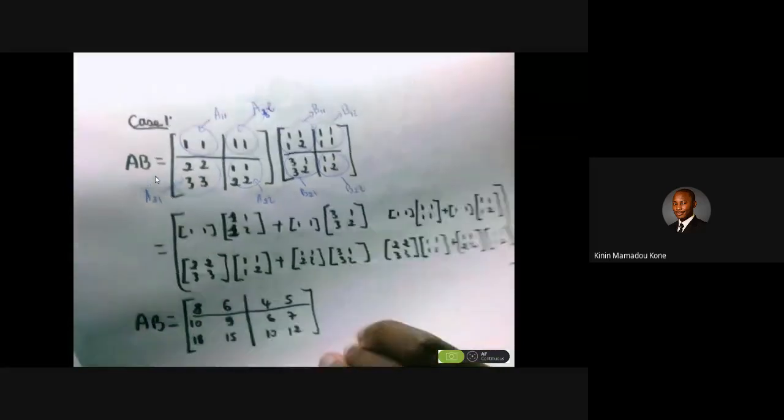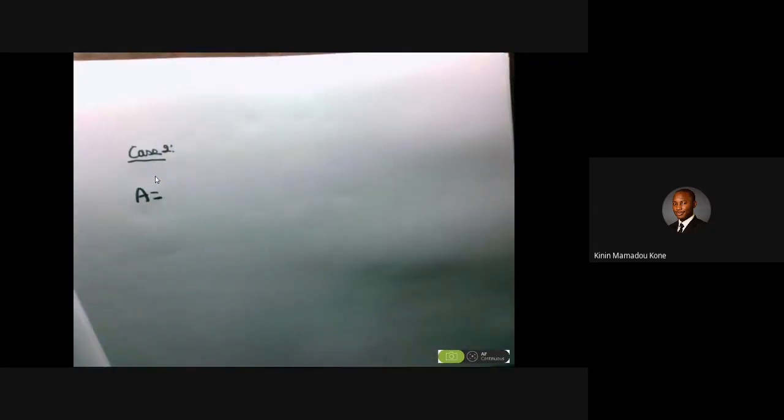In the next case we have to break down the matrix in a different way. Case number two. We have your matrix A. Instead of breaking it down in this row, we're going to use that row over here, but we still keep the two columns.